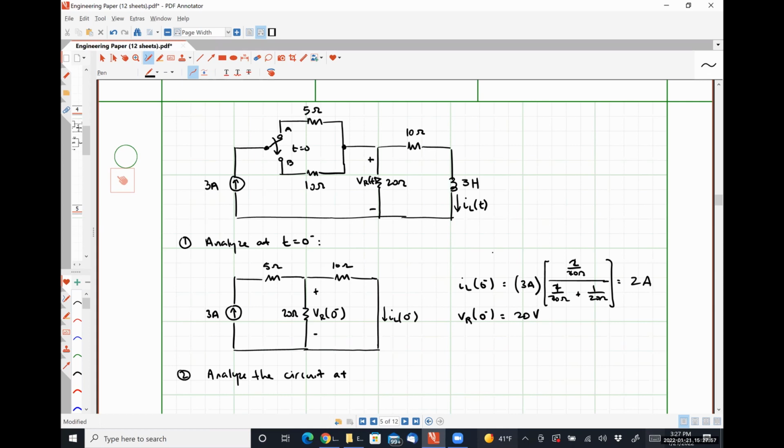Yeah, changing the current source to a voltage source would absolutely fix everything here. I'm just trying to see if there's something that I could change. Like if I change my 10 ohm resistor to a voltage source or something like that, if that would fix it so that we could keep the analysis that we did at t equals 0 minus.